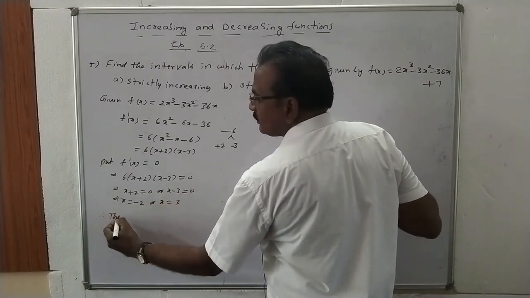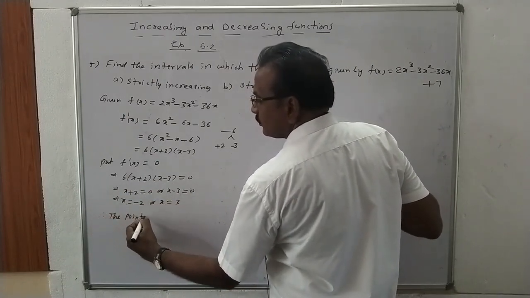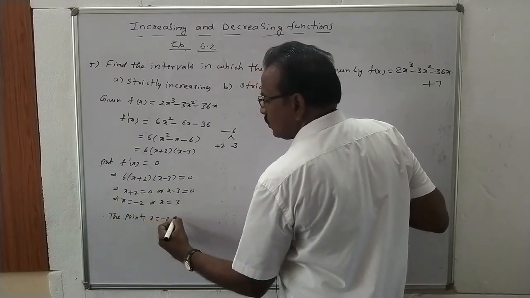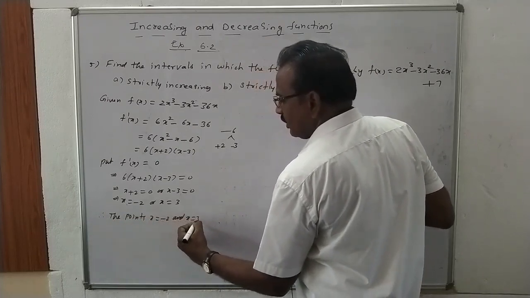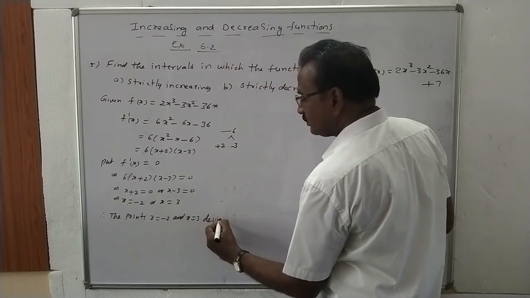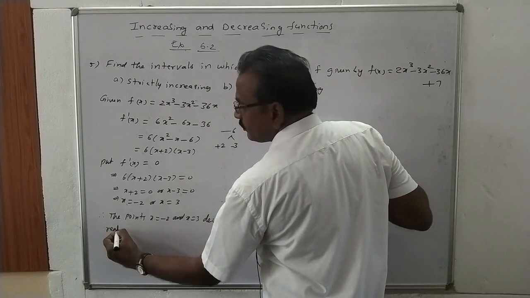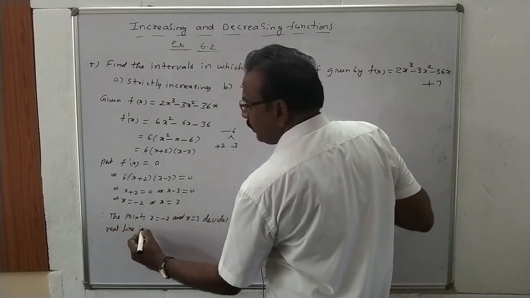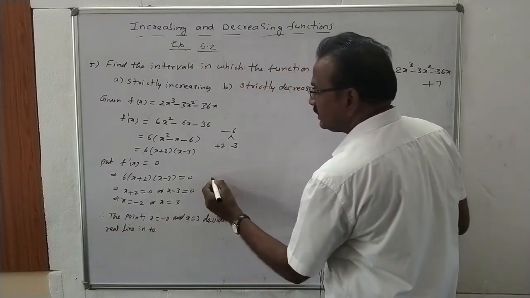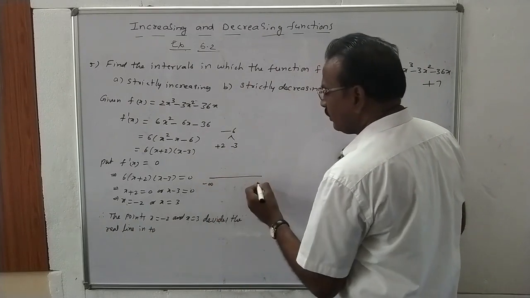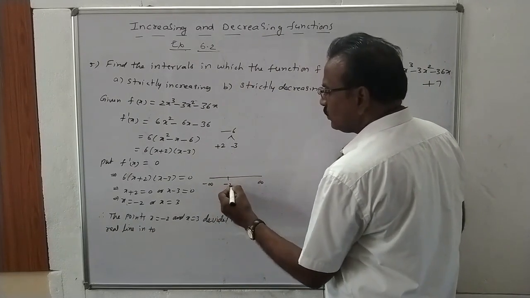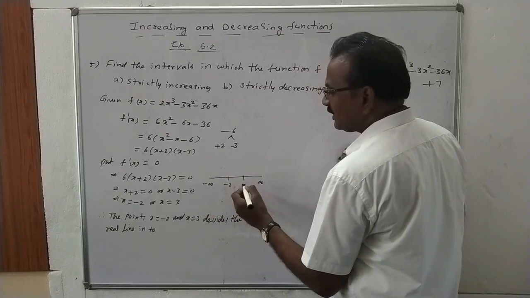Therefore the points x is equal to minus 2 and x is equal to 3 divide the real line into, suppose this is the real number line, minus infinity to plus infinity, minus 2, plus 3.